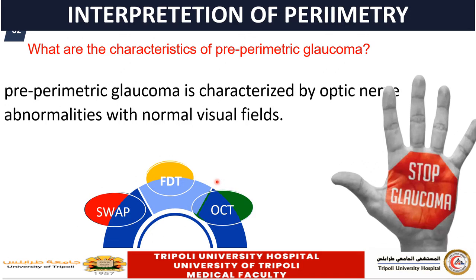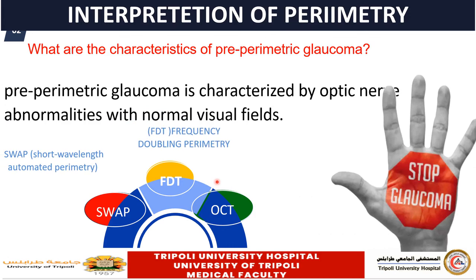So to establish a good program for early detection and then good management and prevention of glaucoma, we should work on the early detection of pre-perimetric glaucoma to counteract this second leading cause of blindness, that is glaucoma.